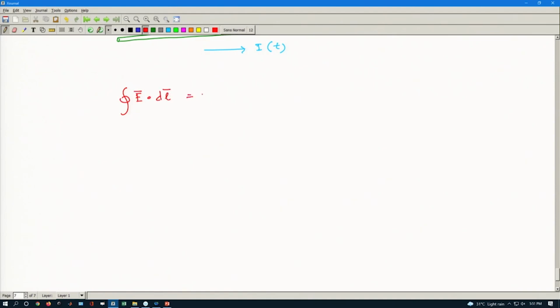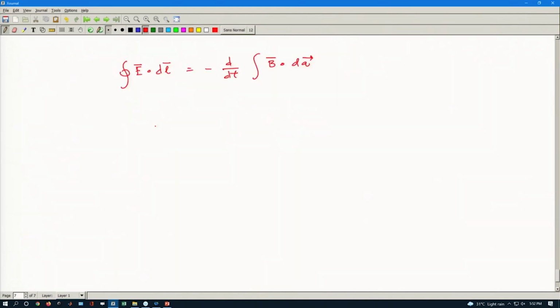Whatever EMF is generated is because of minus the change of the flux, and here we should write B dot dA. Let us write dA because S we are already going to use.